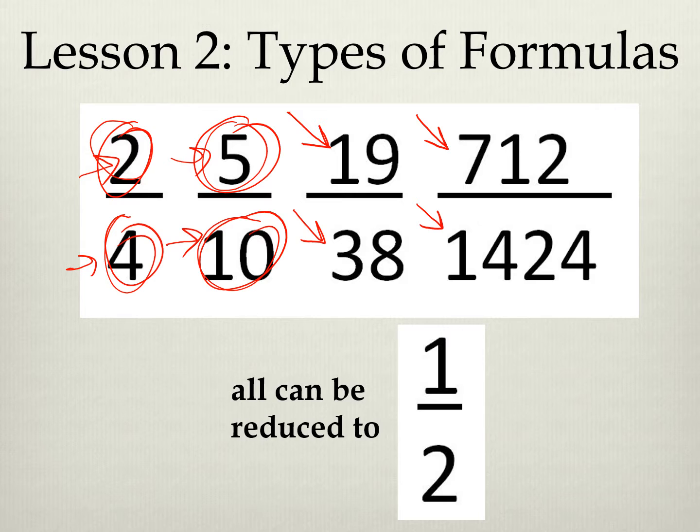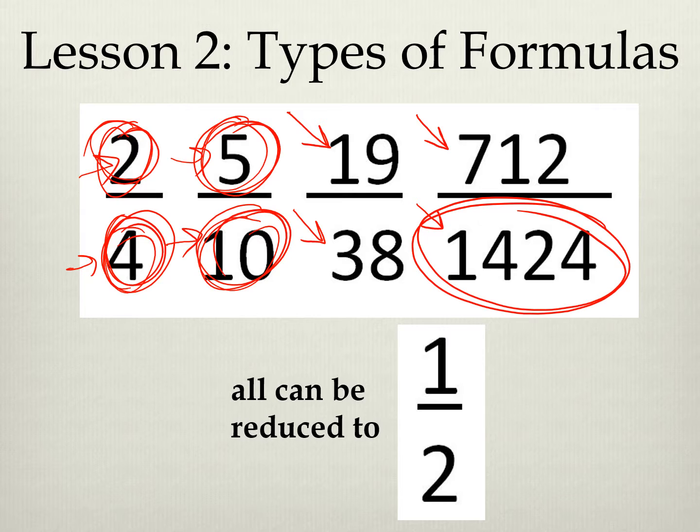These numbers always look a little bit different, but they show the same kind of relationship. They always show you this common relationship of having half of the number on top be whatever the number on bottom is. And that's really all we care about sometimes. We don't always care what our actual number is. If we were looking at these numbers and saying, well, it's a class of 4 students and 2 of them are male, or it's a class of 10 students and 5 of them are male, or it's a giant college class in a lecture hall somewhere, a giant university with somehow 1,424 students and 712 of those students are male.